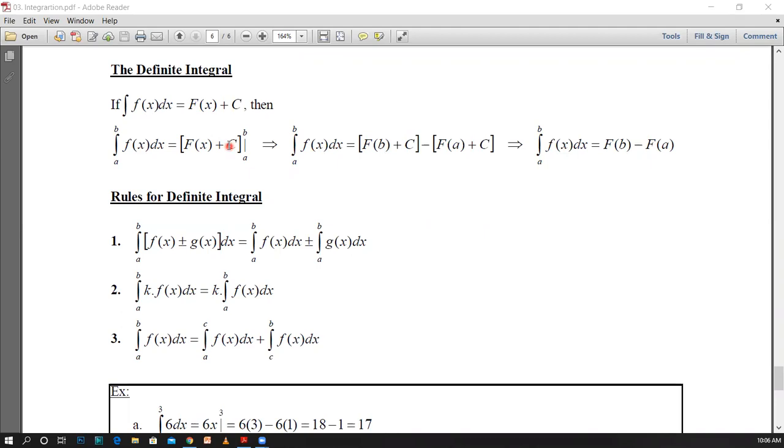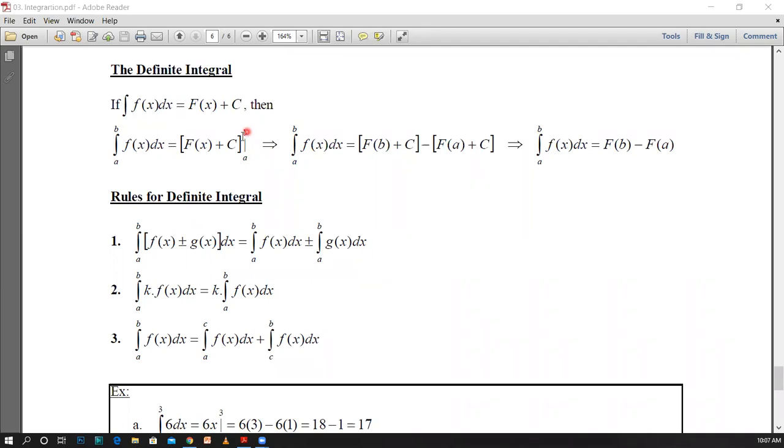We can apply all these concepts in the definite integral, but those concepts now have to be used within the upper and lower limits. After obtaining this function, you can apply the upper limit and lower limit, using this notation.